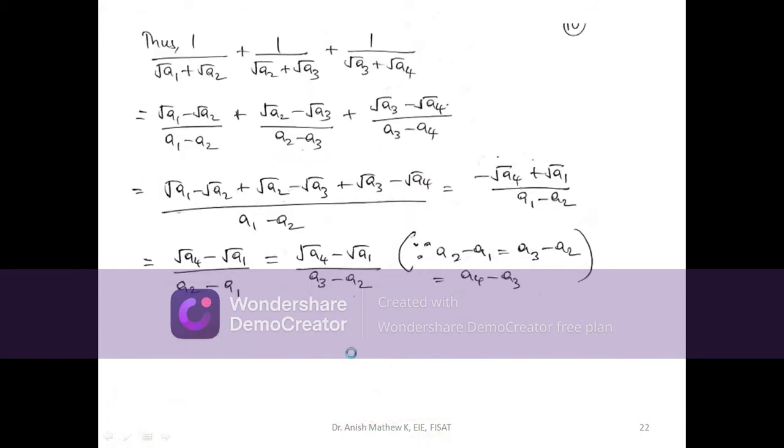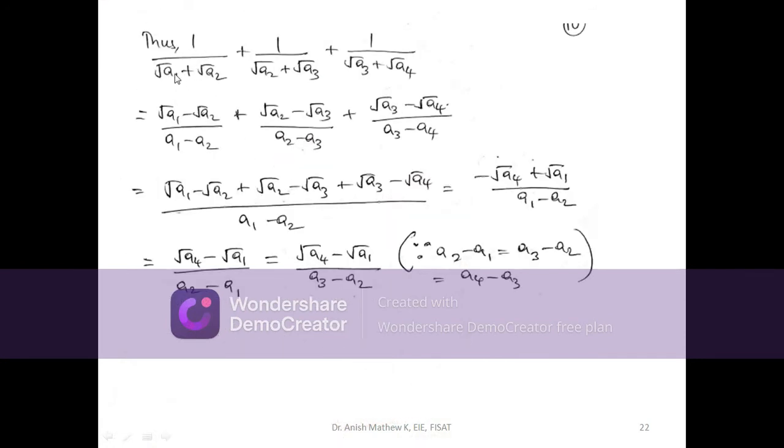Since A1, A2, A3, A4 are in arithmetic progression, you have A2 minus A1 equal to A3 minus A2 equal to A4 minus A3, or A1 minus A2 equal to A2 minus A3 equal to A3 minus A4. So all these denominators are the same.